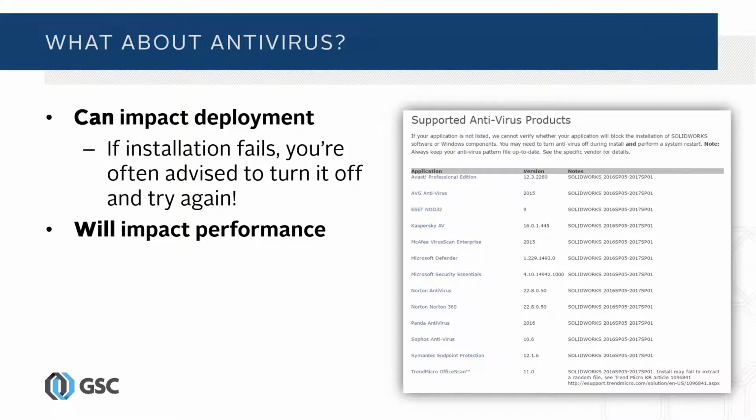If it had a problem with the installation, their recommendation would be to turn off the antivirus and try it again. So I always grew up in this industry saying turn off antivirus before you install any software, whether it's Microsoft Office, an Adobe product, SolidWorks, whatever. I always turn it off. That's just how I always do it, and I still do it today.